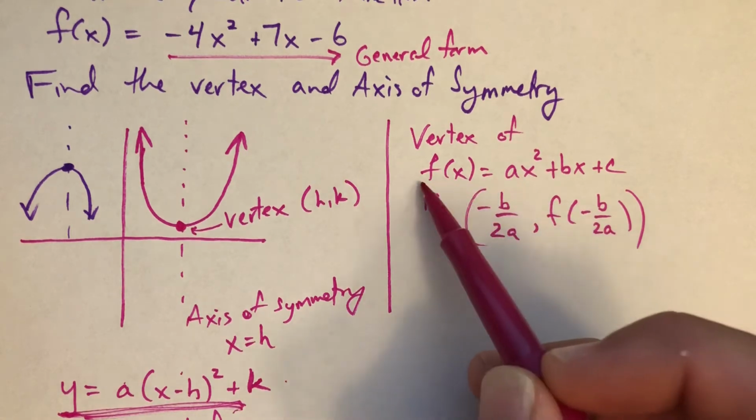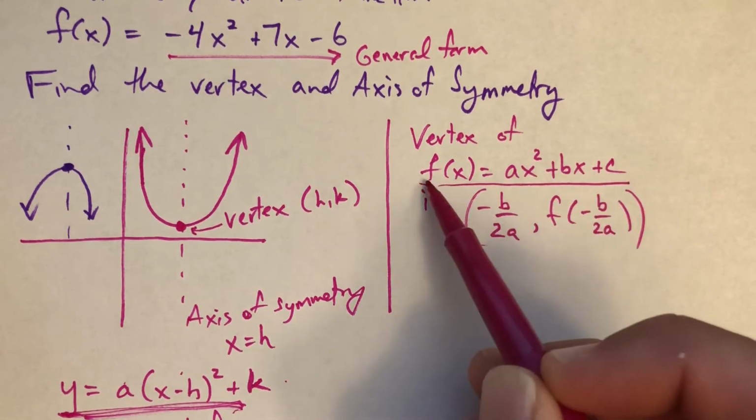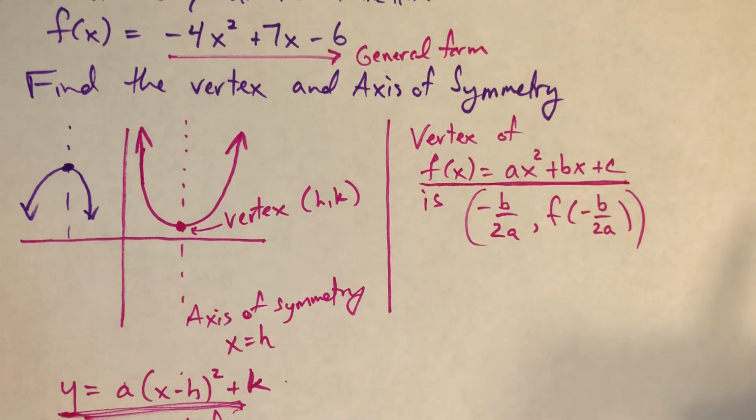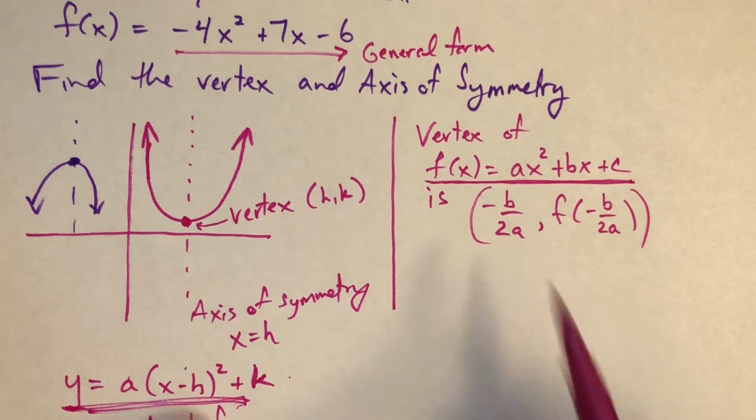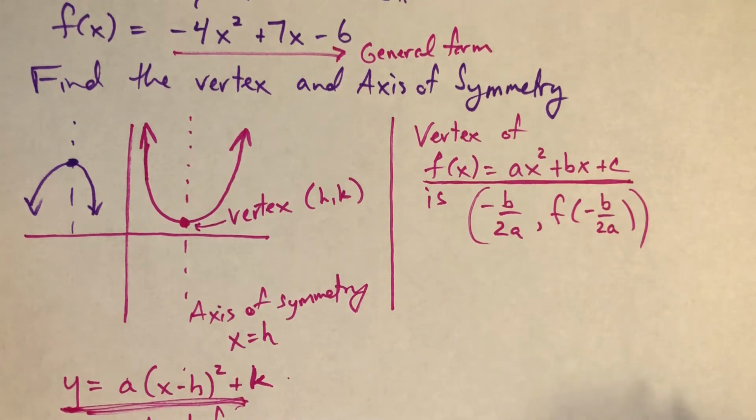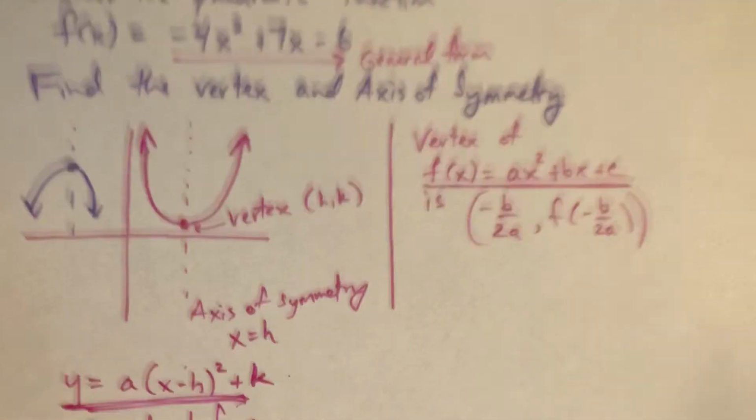If we did complete the square on this general form, it would look kind of like this, and we're going to need to find that y value. Anyway, that's a lot of words.